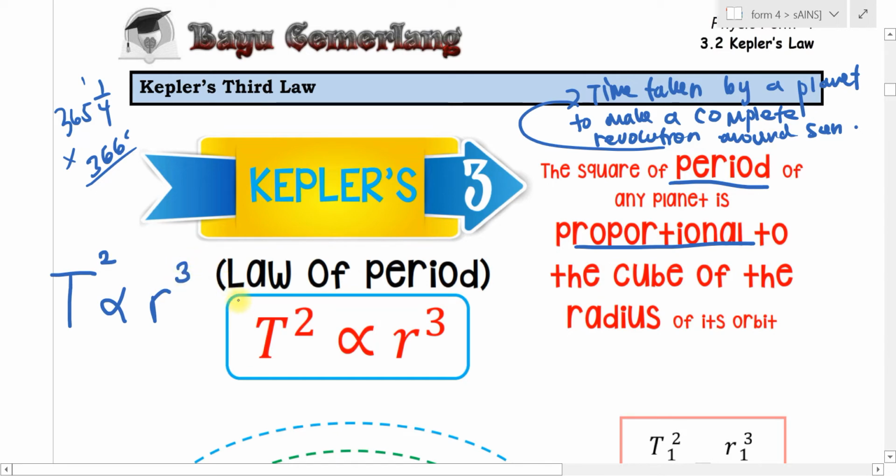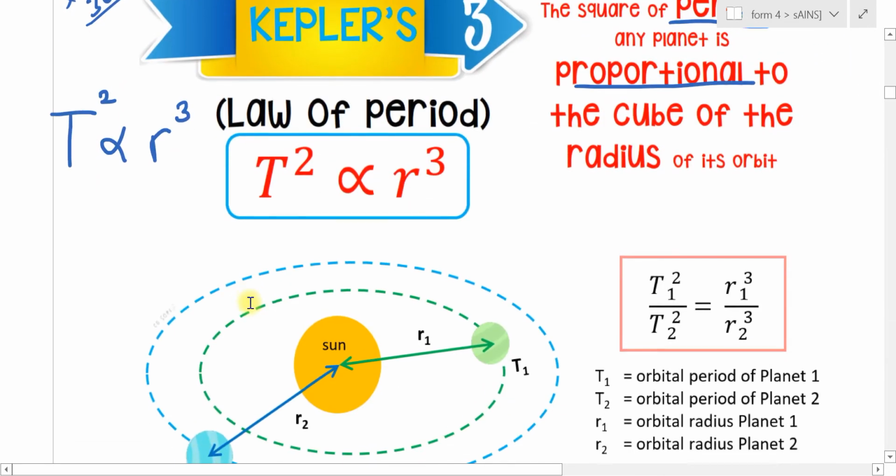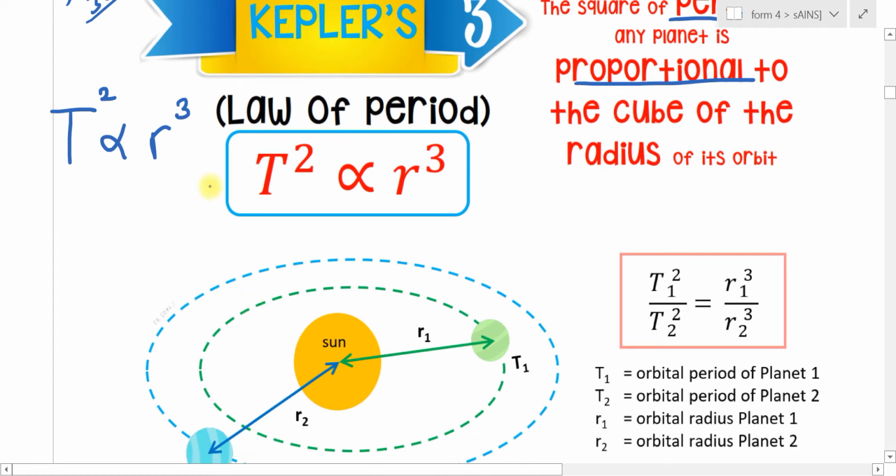Okay? Right. Usually in a case like this, we will try to create a constant to make it equal. This is the first way. Second, K is a constant. So we can create it like this.